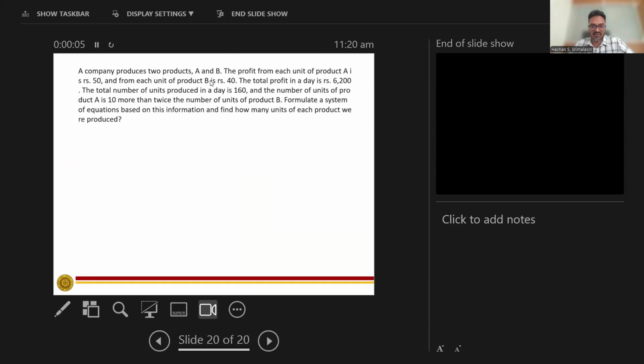I think you can see the screen now. Let's see how to do this.